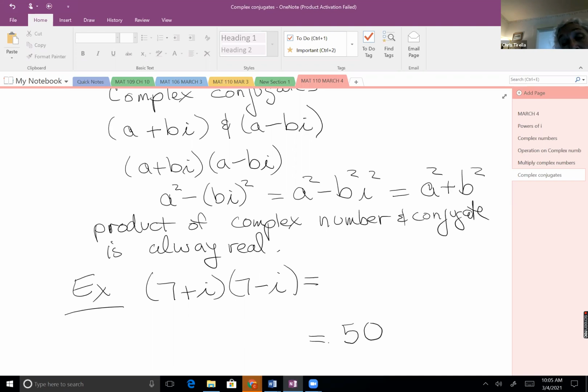Did anybody else get 50? I'm going to think of that as 7 squared minus i squared, which will be 49 minus negative 1, which gives me 50.